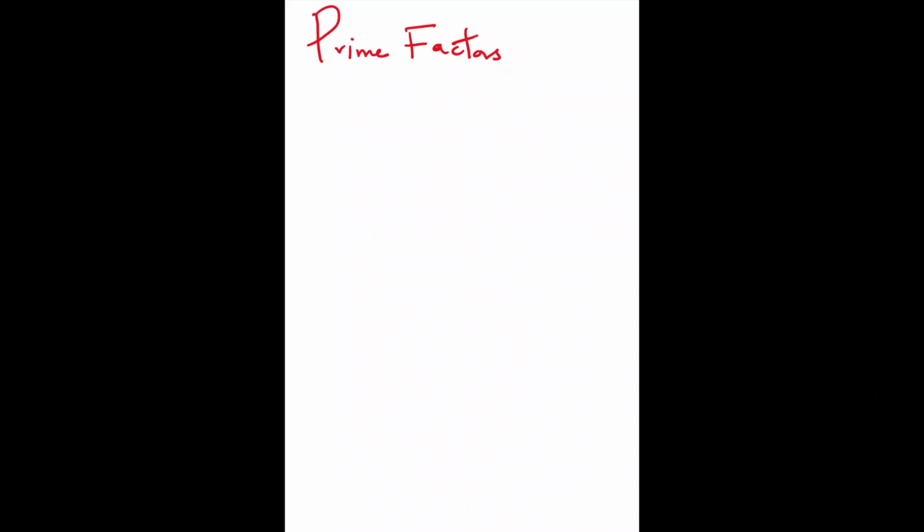And we have prime factors. Prime factors are the prime numbers that multiply together to give a particular number. Okay, so that's prime factors. I will say one more time that prime factors are the prime numbers that multiply together to give a particular number.